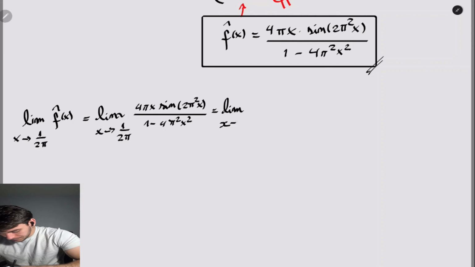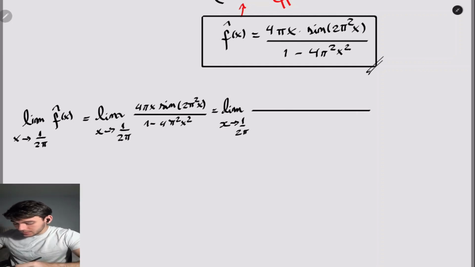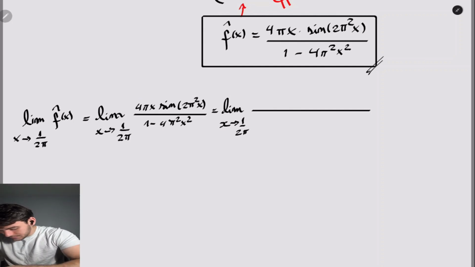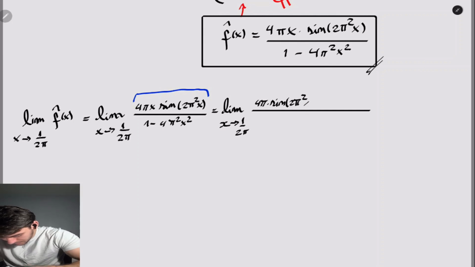So the numerator will be the derivative of this, that's 4 pi times sine of 2 pi squared x plus 4 pi x times 2 pi squared times cosine of 2 pi squared x.